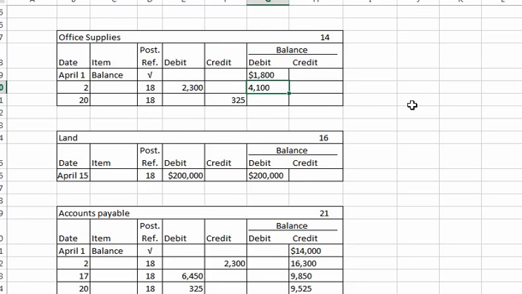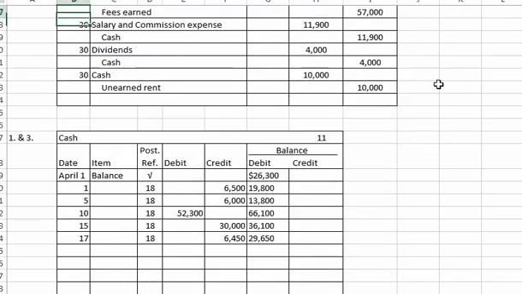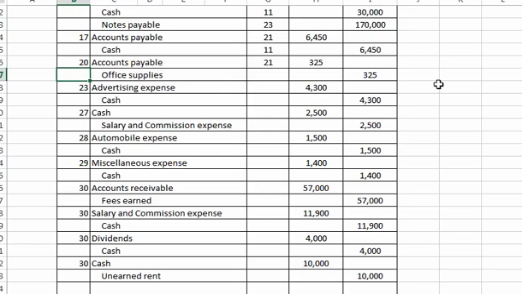We have a beginning debit balance for $4,100, credit entry for $325, so we're going to subtract $4,100 minus the $325 credit. Leaves us with a debit balance of $3,775. Office supplies is account number 14. So we'll come back up and in the posting reference column of the journal, we'll enter 14, the account number for office supplies.